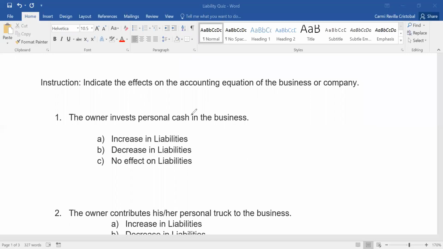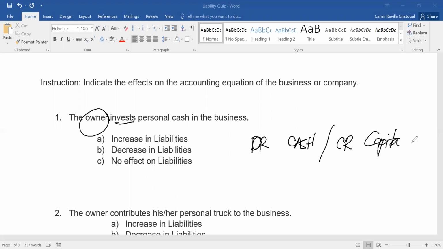Number one, the owner invests personal cash in the business. Normally, when the owner invests, what entry do we make? It would be a debit to cash and a credit to capital.